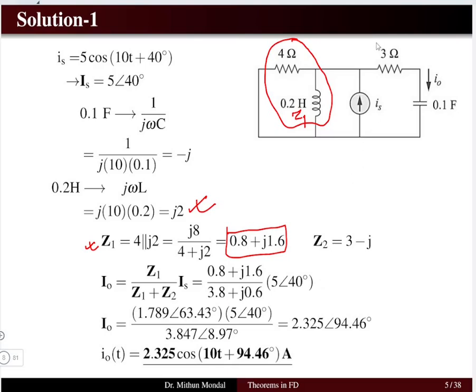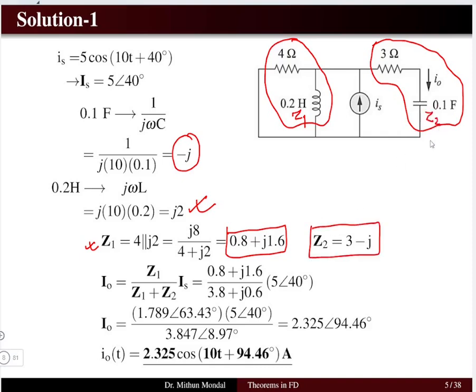Similarly, we have the 3 ohm resistor in series with the 0.1 farad capacitor, and we have already obtained the equivalent reactance of the capacitor, and we call this Z2. So we have obtained Z1 and Z2.